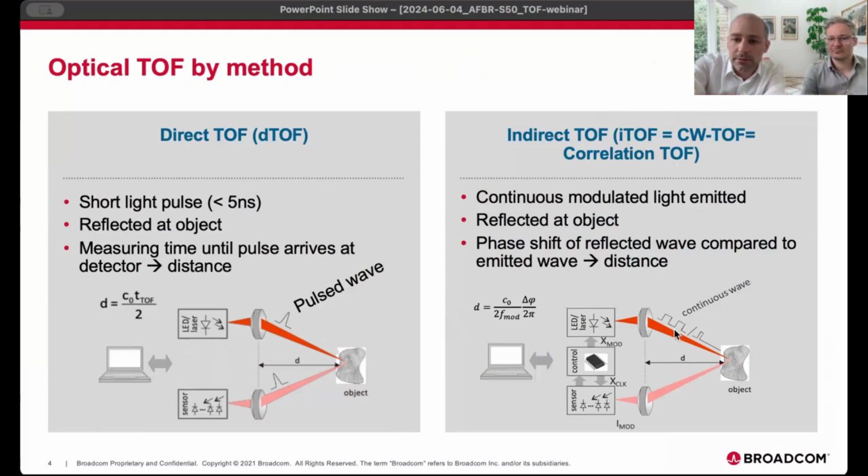You see it here in these square shapes, but it can also be a sinus curve, for example. It is continuously emitted and modulated onto the object, and the reflected wave or pulse train is detected at the photodetector. What's done then in the electronics is that the phase shift of the emitted pulse train and the detected pulse train are compared and calculated, and out of the phase shift, you see it here, the delta phi, the distance can be calculated.